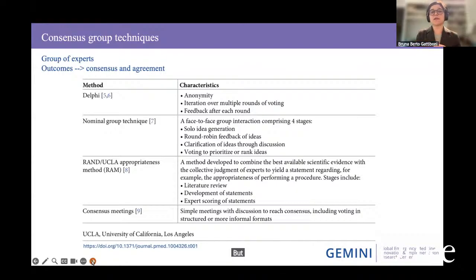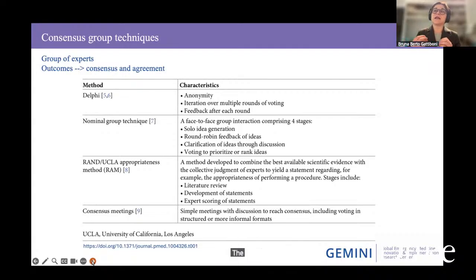But in each of these rounds, you need to give feedback on the answers. The nominal group technique is a face-to-face technique. They begin with solo idea generation and a round robin feedback of ideas. After this, they need to clarify and discuss every single idea, and vote to prioritize or rank these ideas.